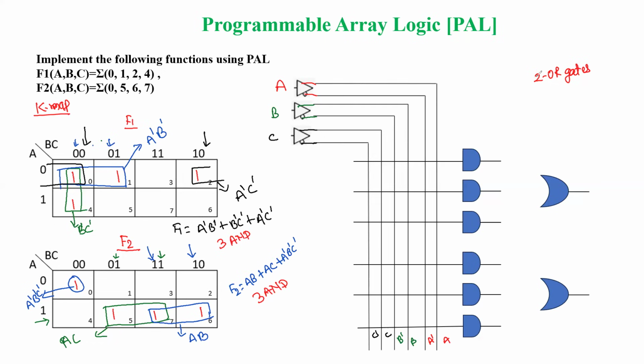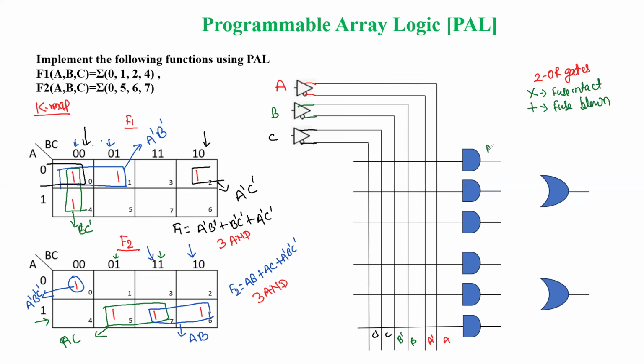That cross shows that the fuse is intact. And where we are not putting the cross, the sign is plus, which shows that the fuse is blown. So when the fuse is blown it stores the zero state, and when the fuse is intact it has state 1. So now first we are trying to implement function f1.